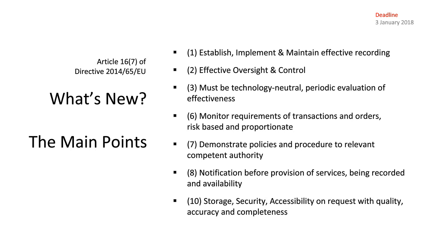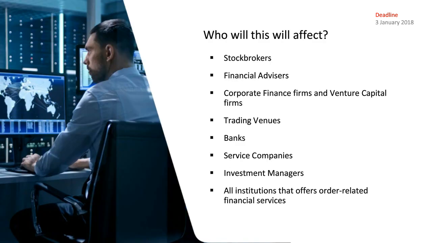Sean, you've covered a lot of new responsibilities there. Who will the new responsibilities and regulations affect? Yeah, absolutely. The MIFID II, as we've seen, has got a wider scope. Many more firms are added. You can see on the screen in front of you now, everything from stockbrokers, financial advisors, through to banks, service companies, investment managers.